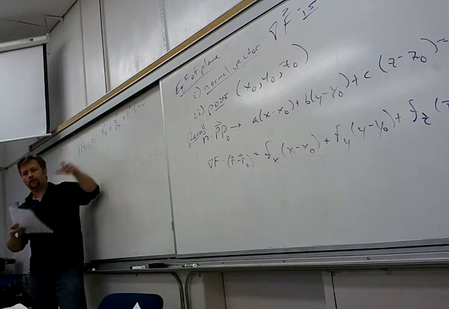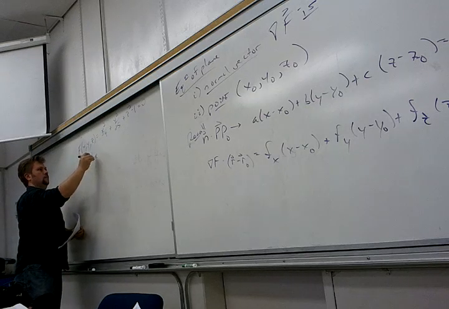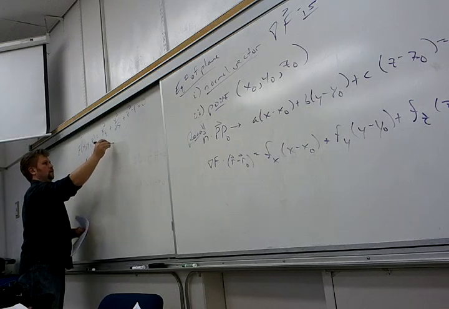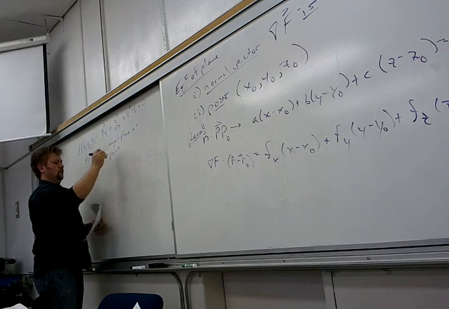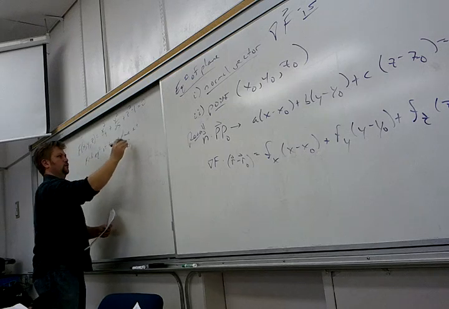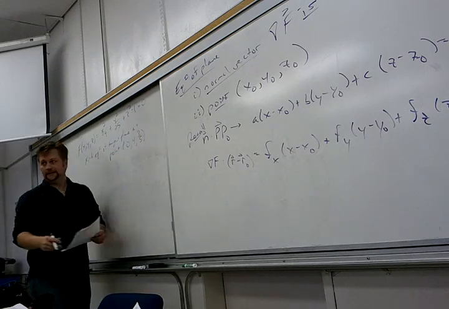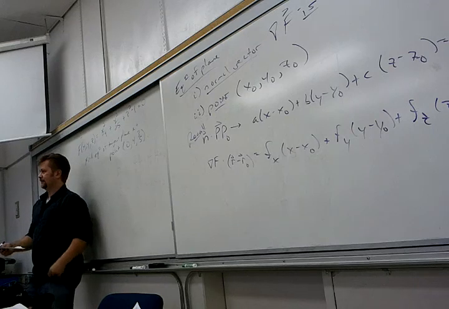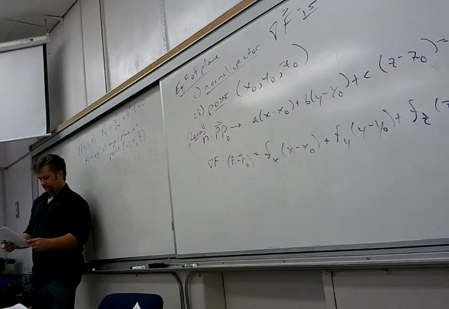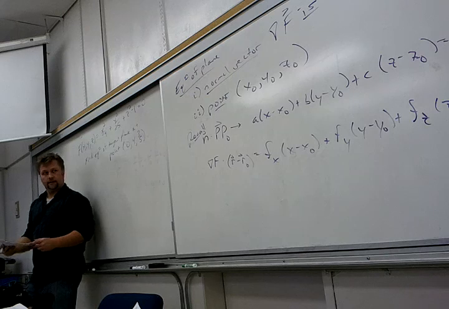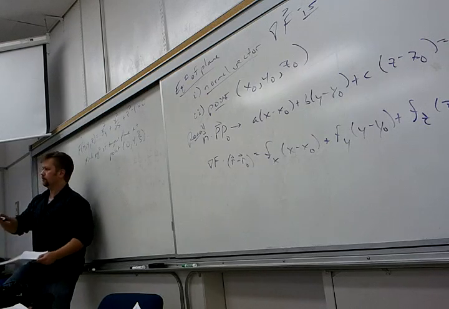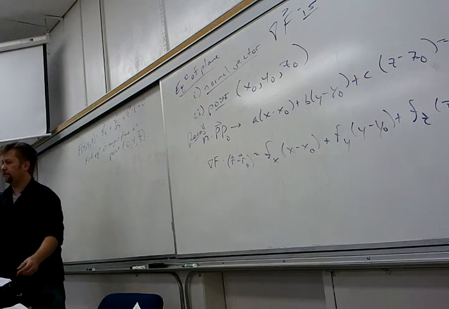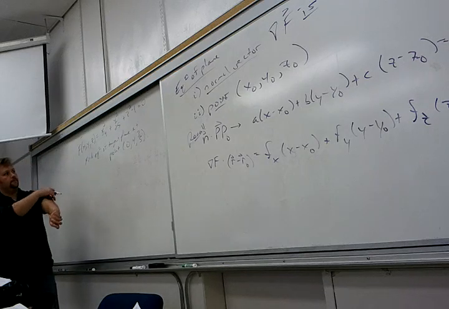I want to find the equation of the tangent plane at the point, let's make it another point, 0, 4, 3/5. Let's do this one together. Then we'll do the next one together, and then I give you one to try on your own.